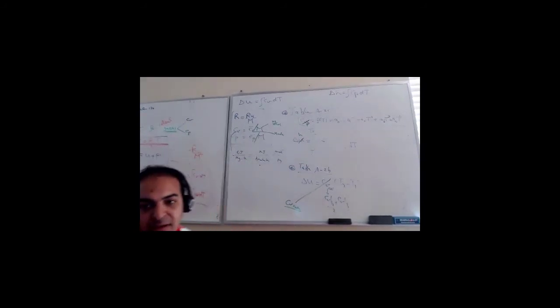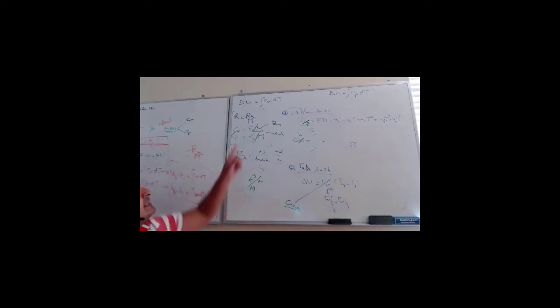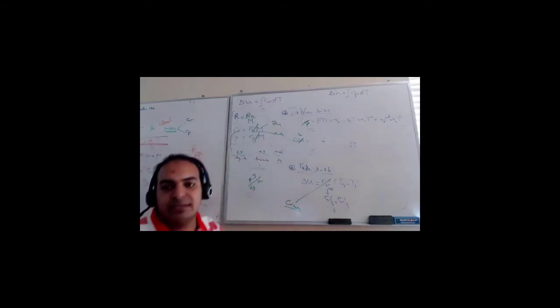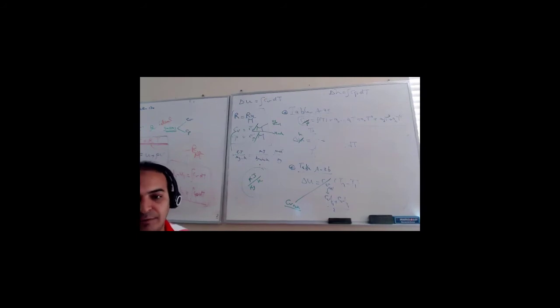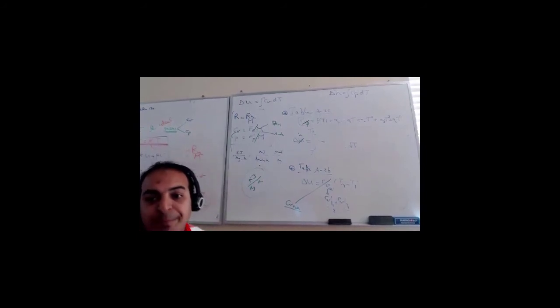Kilojoule per kilogram Kelvin. So kilojoule or joule per kilogram Kelvin. This is delta U over delta T. It means CV, or Kelvin, or kilojoule per kilomole Kelvin.